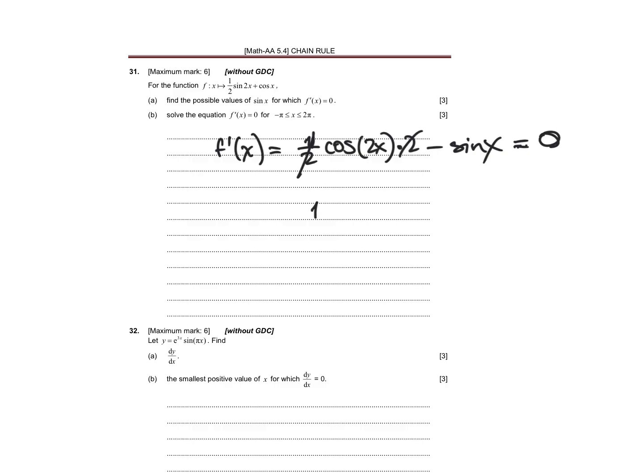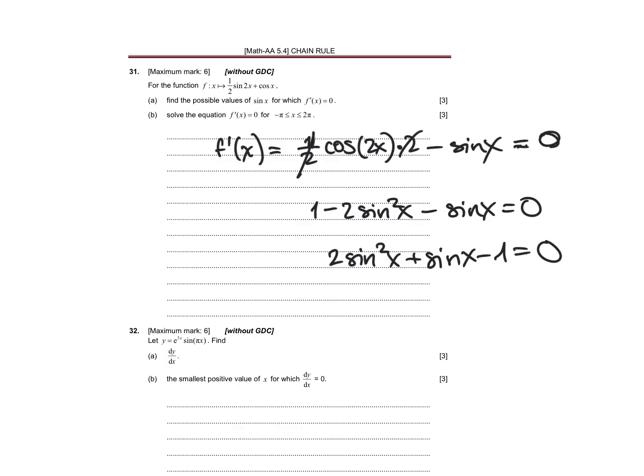So 1 minus 2 sine squared x minus sine x equals 0. And then switch the signs. And then we have 2 sine x and sine x, and 1 and 1, and we need a positive 2 minus 1, and that's equal to 0. So we have sine x is 1 over 2.